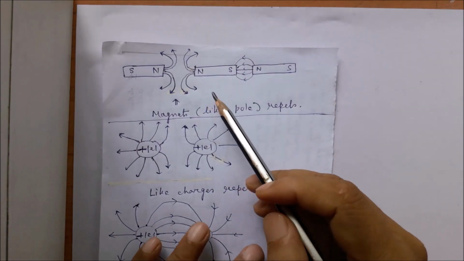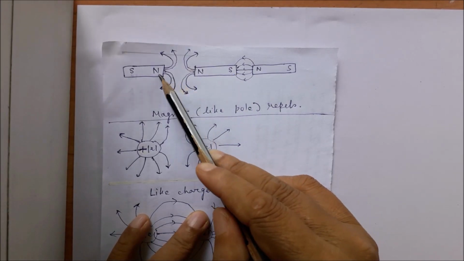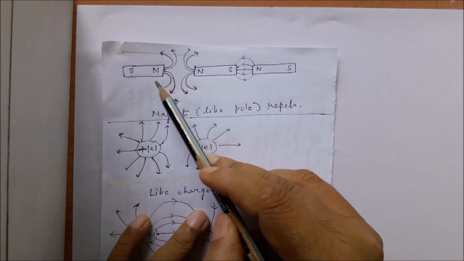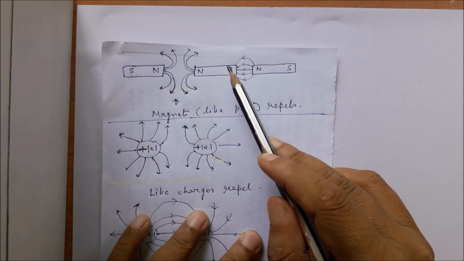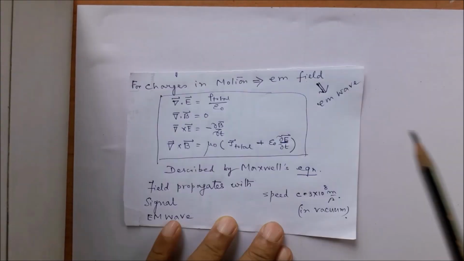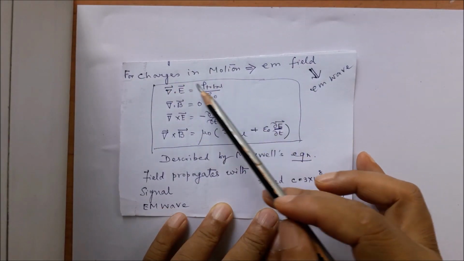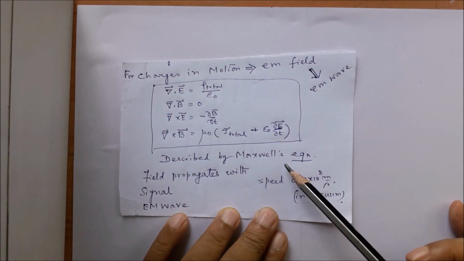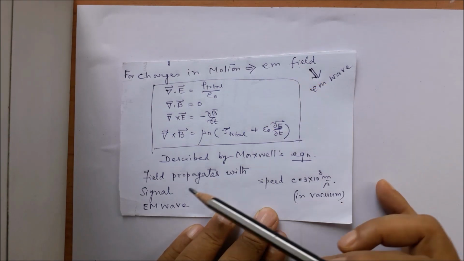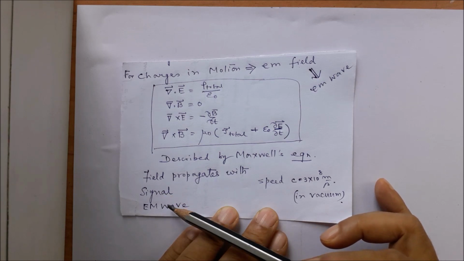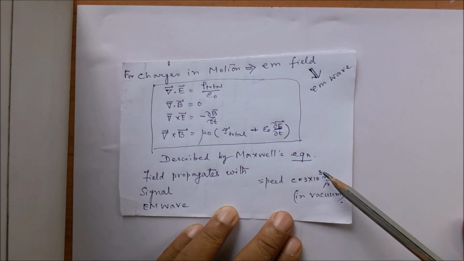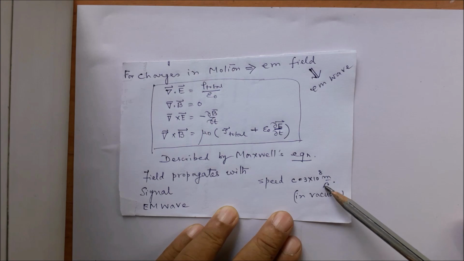Also, we can think of magnets. A north pole, in spite of being separated, responds differently to another north pole or south pole. And there are plenty of other examples. Also, for charges in motion, things are described by Maxwell's equations, which describe an electromagnetic field, and we say that the electromagnetic field, or the signal, or the electromagnetic wave propagates with the speed of light, whose value is 3 into 10 to the power 8 meter per second in vacuum.